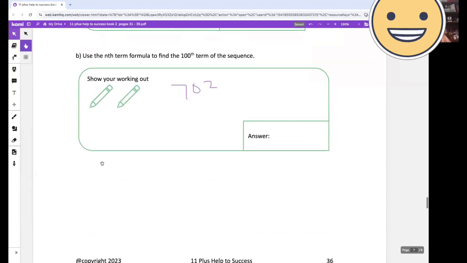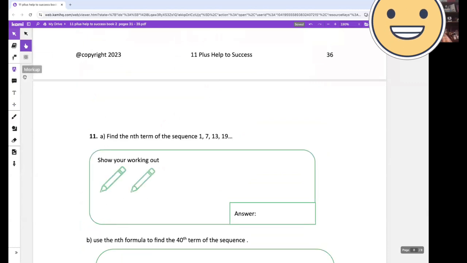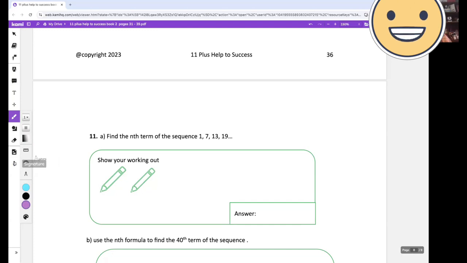And now we are on the 11th part of this. 11A. Who wants to give 11A? Let's see who wants to give it. Nabaji, do you want to have a go?